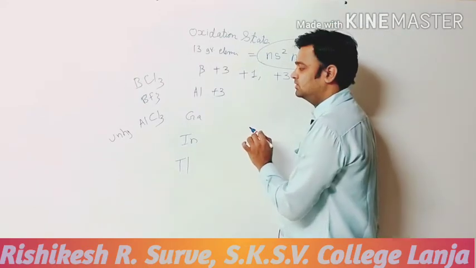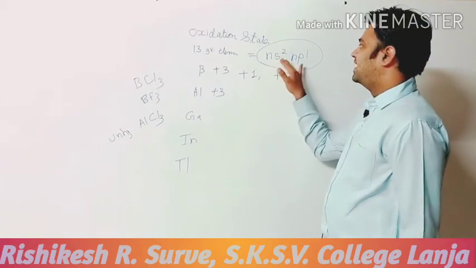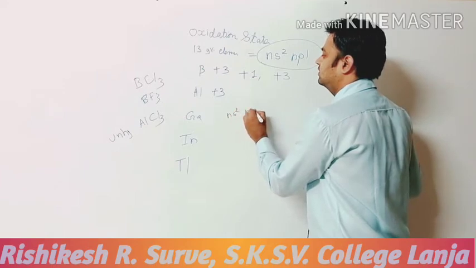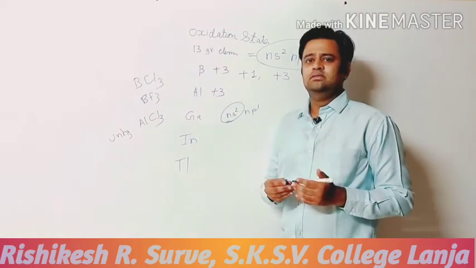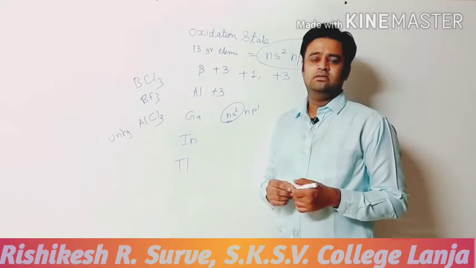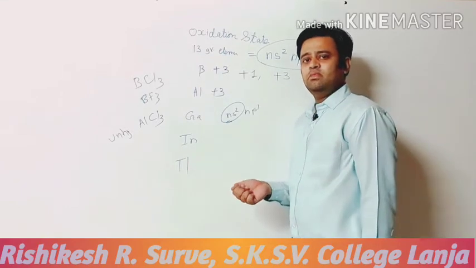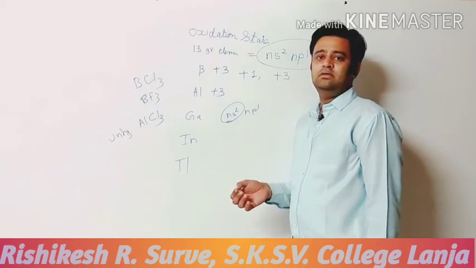what happens? These ns2 electrons are relaxed. They are relaxed from taking part in bond formation, and now these electrons are no longer available.